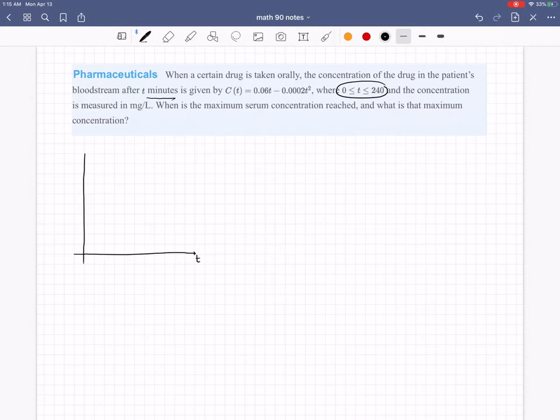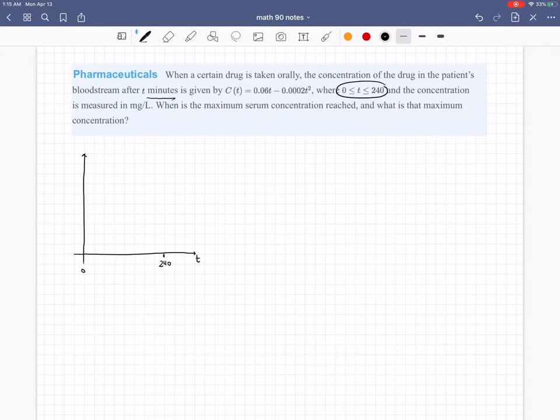So in this function, the input is the time since the patient took the drug. So we start at 0 and we end at 240. I'm going to put 240 here, 8 squares later, because why not?